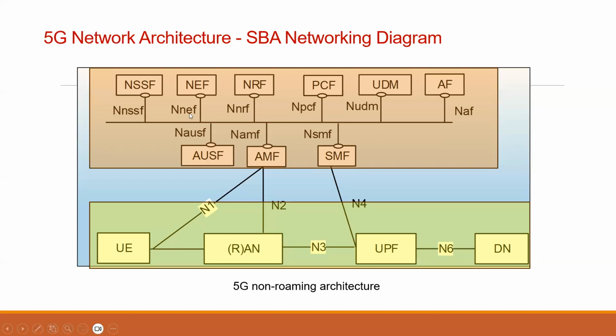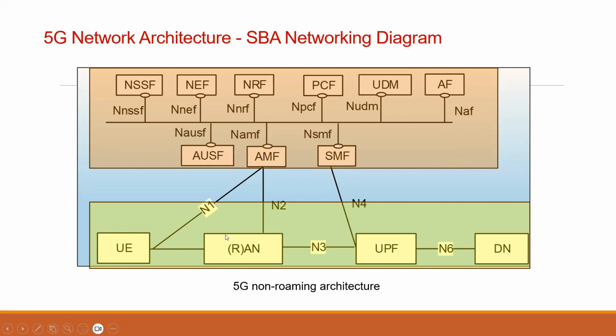So basically, in the SBA network architecture, you can see that the whole architecture is basically divided into two parts. This is your user plane, which is highlighted in green, and the one highlighted in brown is your control plane. So user equipment is something which is known.